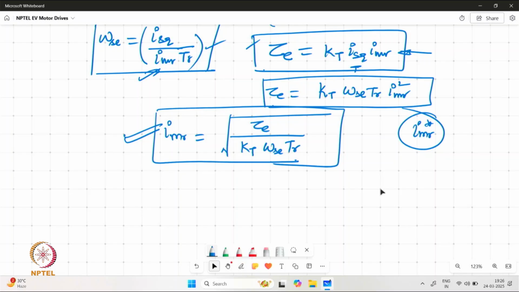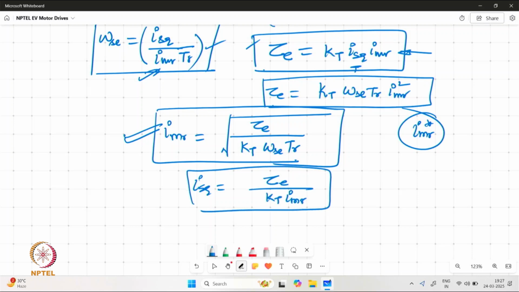And then using this information, we can always compute back the rated ISQ for the system. So this gives us information about how much current reference should be generated by the speed and flux controllers.